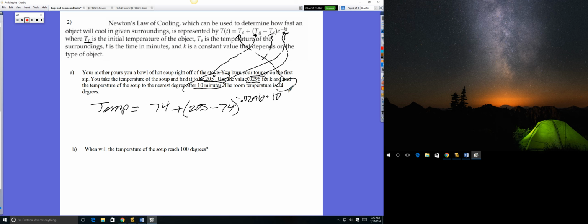Okay, there's your formula. So all you do is type that in exactly as it is on the calculator, and your temperature ends up being 171.4 degrees.